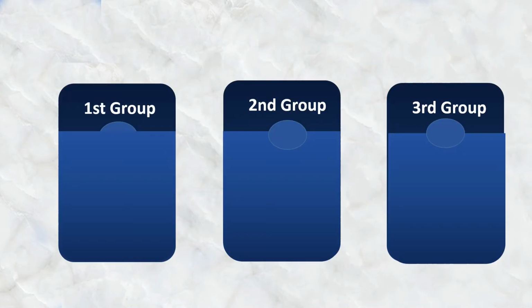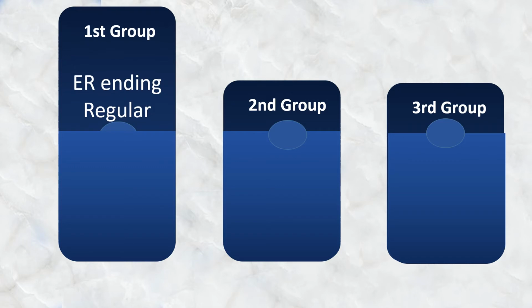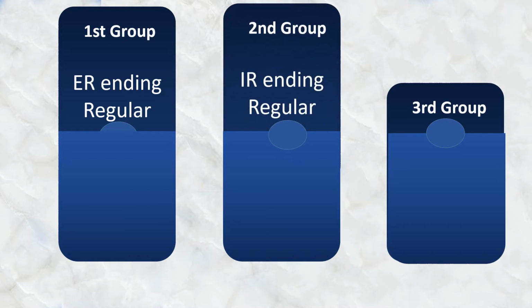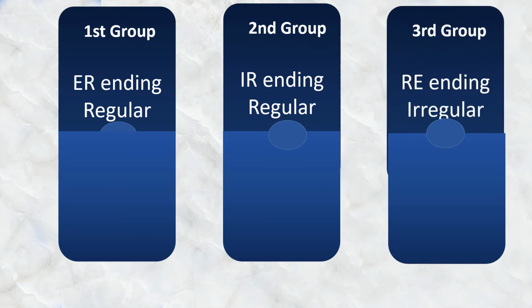In French, the verbs are put into three groups. So you have the first one, ER ending, regular. Then you have the second group, IR endings, and they are also regular. And I'm sure you can guess that the third group is all the irregular verbs.